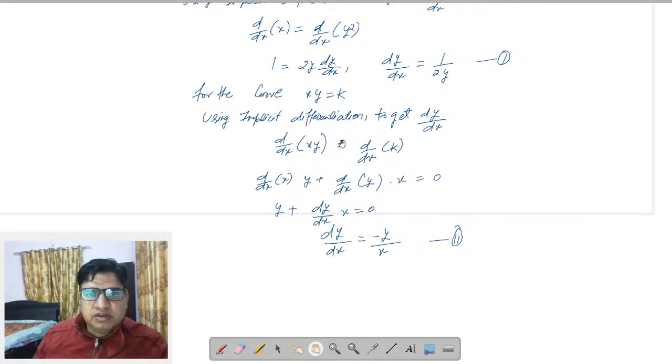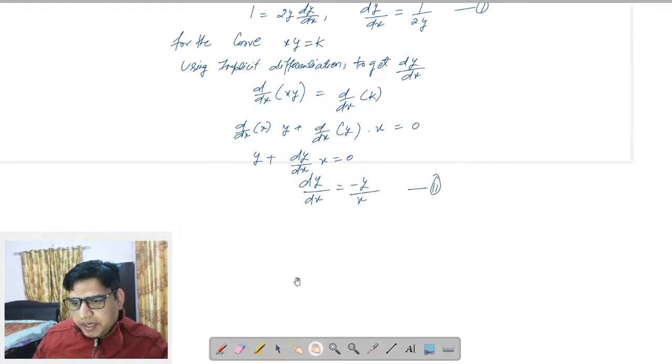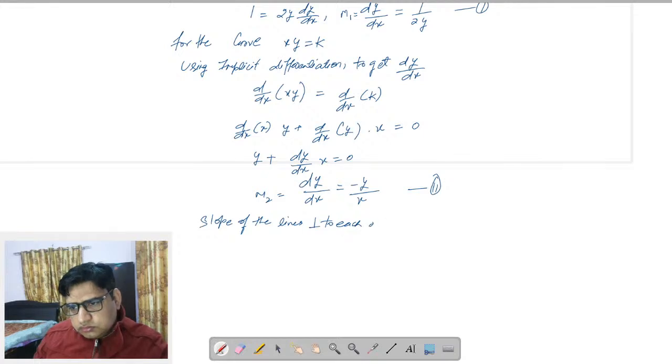If these two tangents are perpendicular to each other, then their slopes, if they are m1 and m2, for the slopes of lines perpendicular to each other, m1 m2 is equal to minus 1.